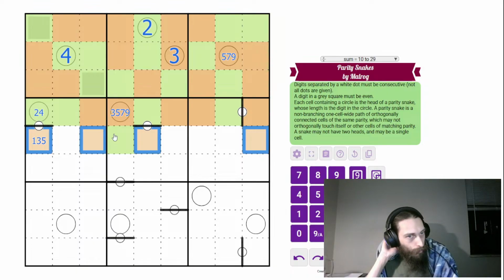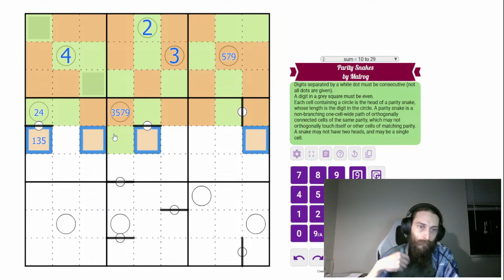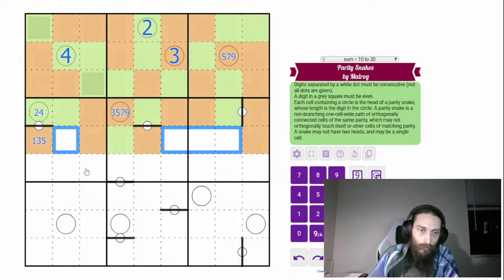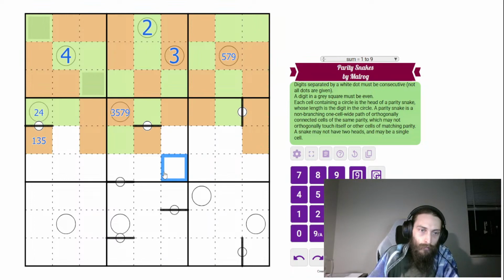Four evens in row 5. So that means only 1 more. If this was a 2, suddenly those would connect. And that would be length 5.